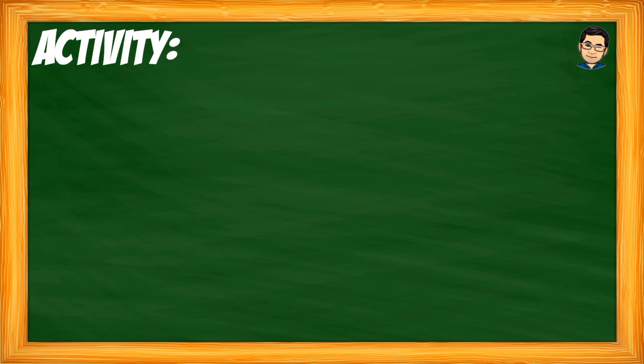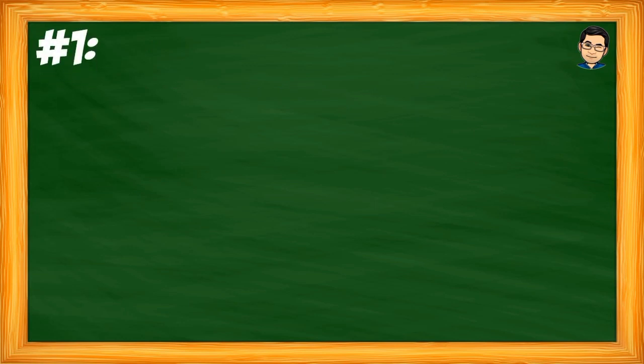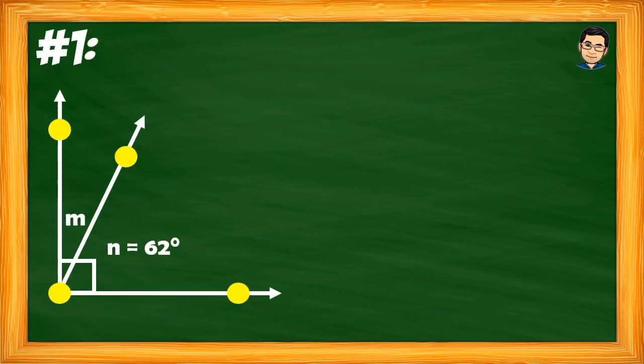So, let us have an activity. Determine the measure of the angles marked with letters. Since na-discuss ko na po sa inyo kung ano yung pagkakaiba ng mga pairs of angles na yan, i-apply naman po natin sila. First example, yung M tsaka N. So, yung ating figure number 1 ay example po ng complementary angles.